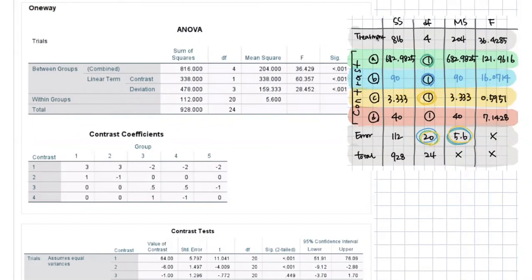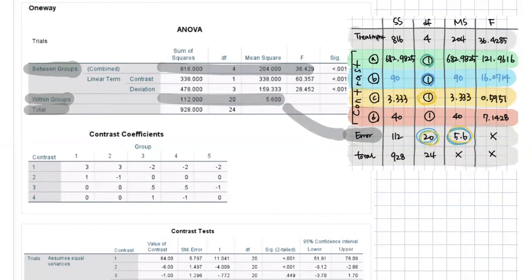So we're going to check whether our hand calculation is the same as the SPSS result. Between groups, we have 16, 4, 2, 4. So this line matches our first line. My within group should match the error, so this one also matches ours.